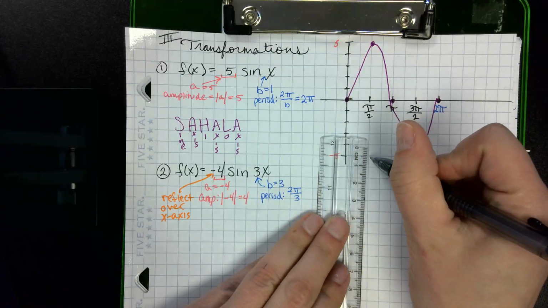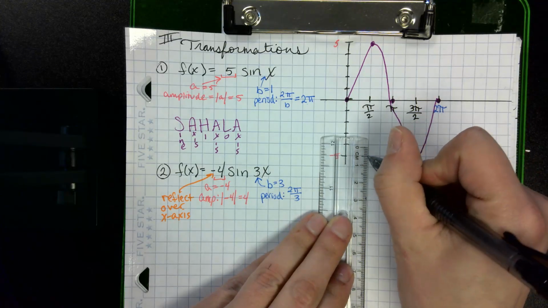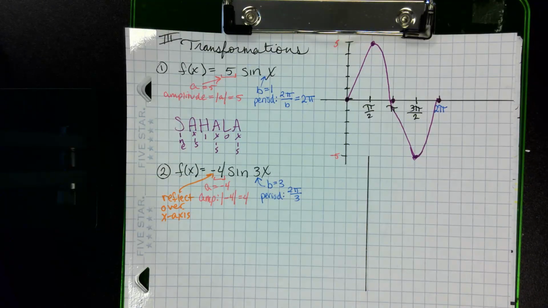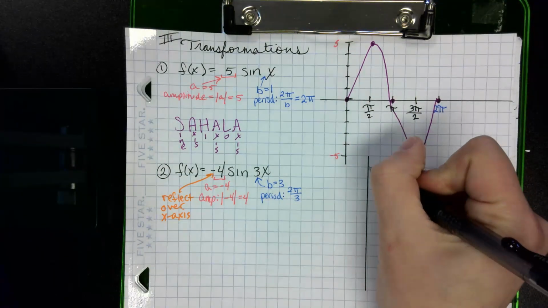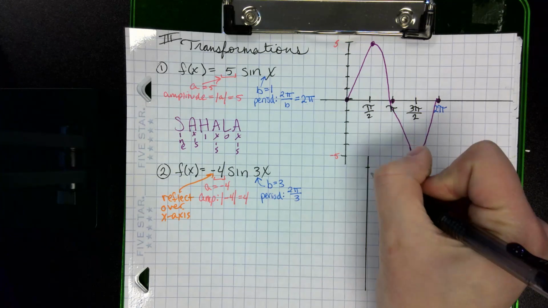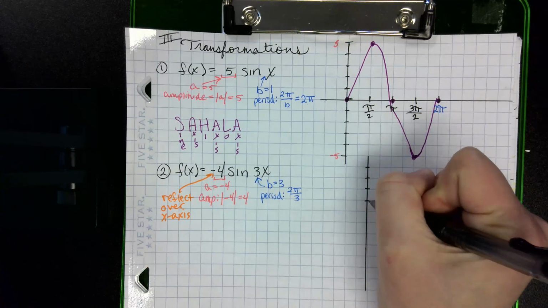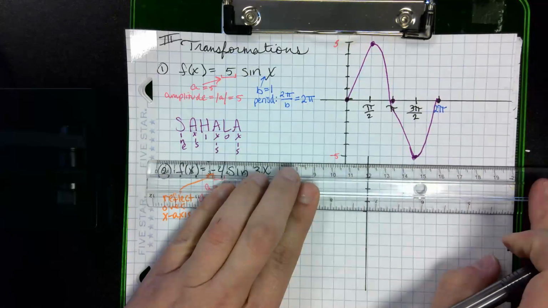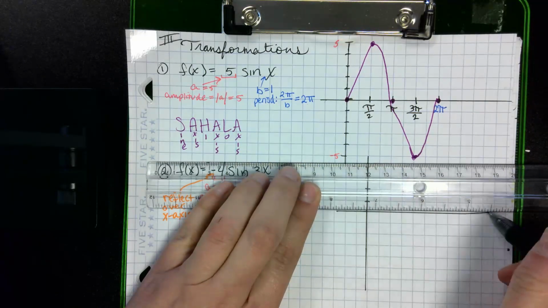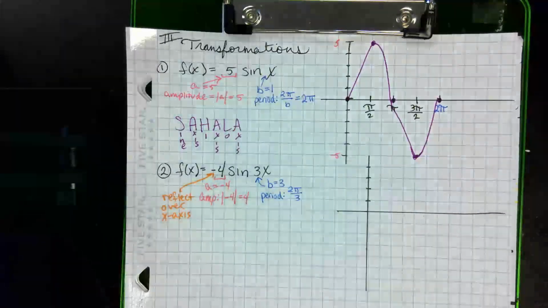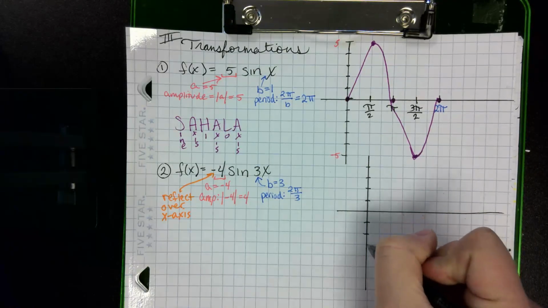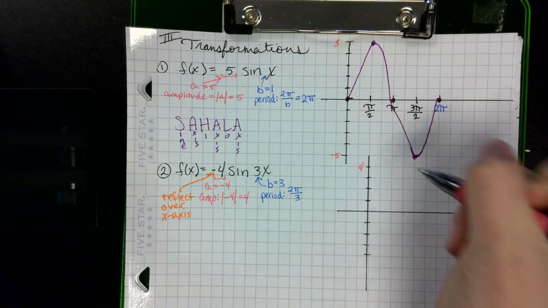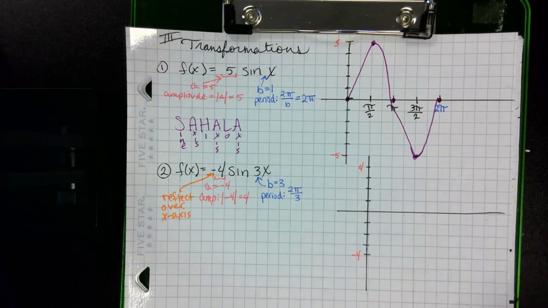Okay, so here, it's probably too long. That's 4, 3, 2, 1, 0. That puts my x-axis right here. 3, 4. So I have 4 and negative 4 because of the amplitude.